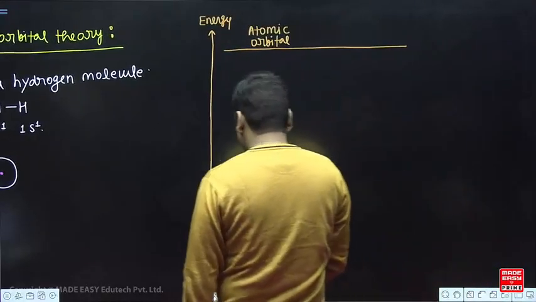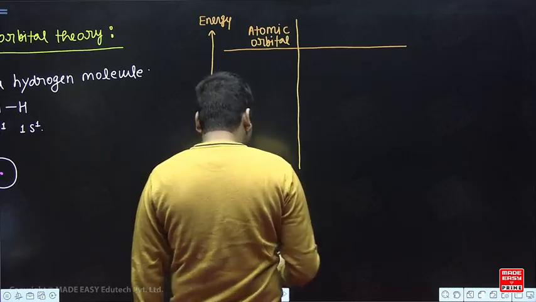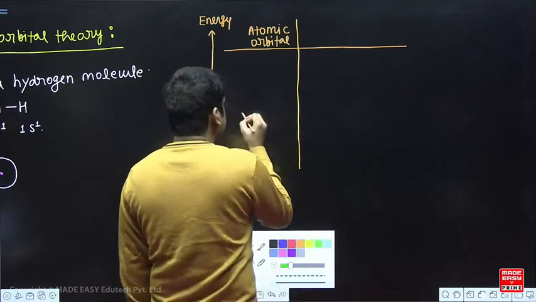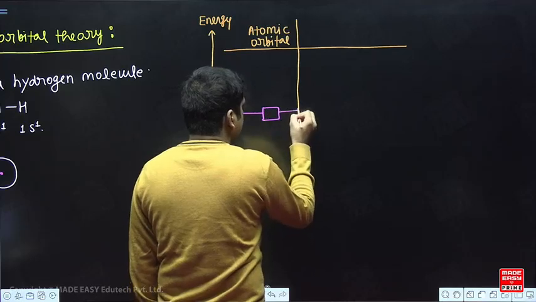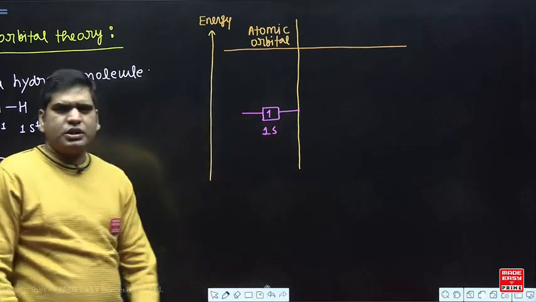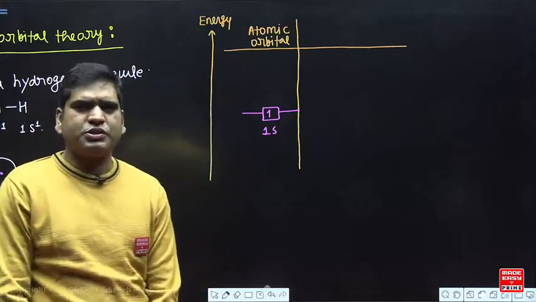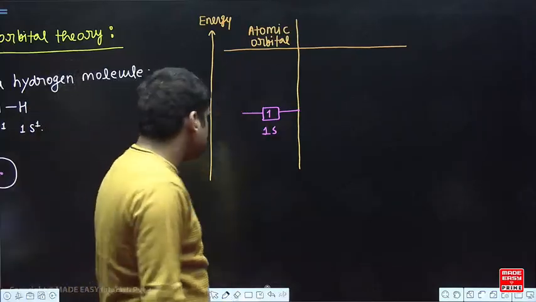This is the atomic orbital of the first atom. So the first atom will have certain energy, this 1s will have certain energy. Let us suppose this is the value of energy, and the electron is here, that you can calculate, minus 13.6 Z square by n square electron volt, that formula I have given. So it is the energy of the electron in the first atom.